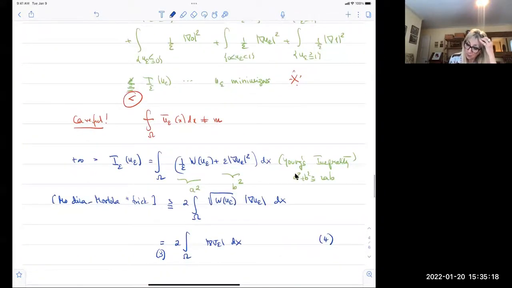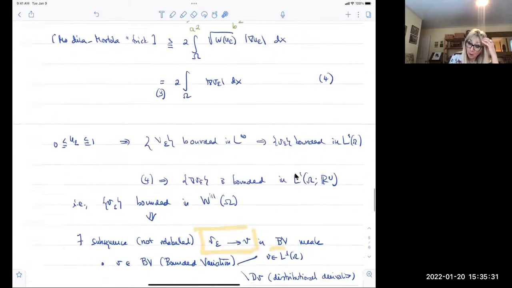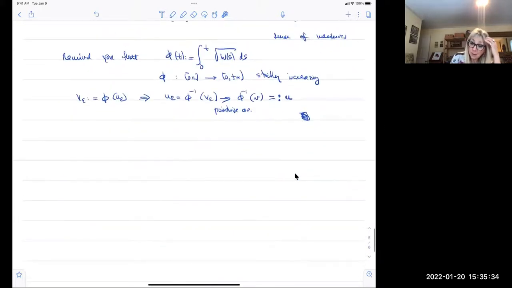Cauchy-Schwarz, right here, you see? There are no more, I mean, these parameters are gone. And now I just have functionals of functions. Okay, so now I'm going to offer you the correct proof.